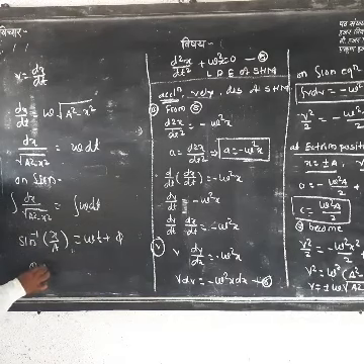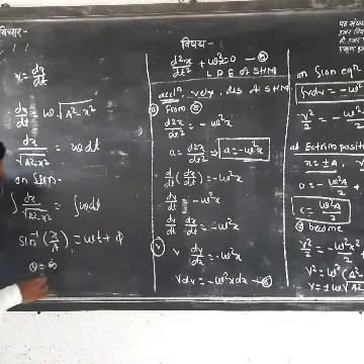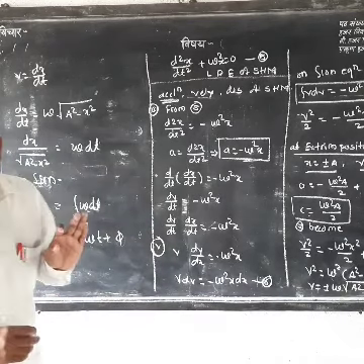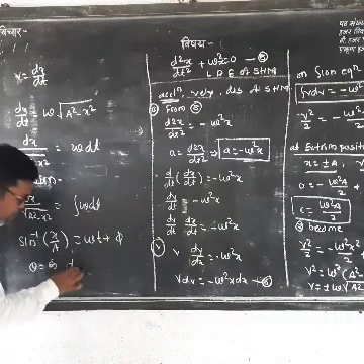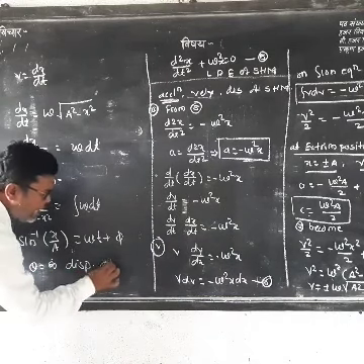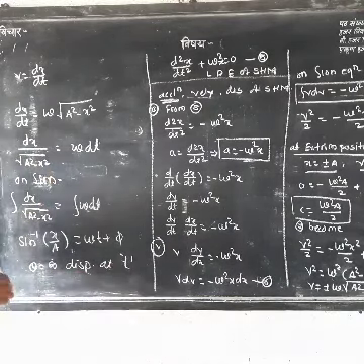Phi is the constant of integration, and x is the value of displacement at time t, isn't it?